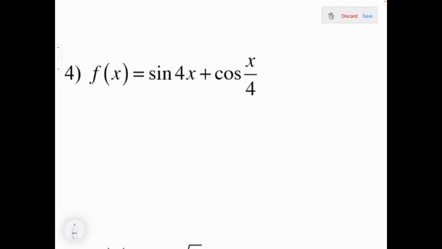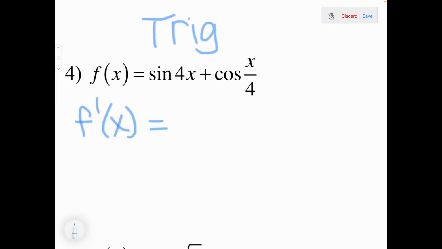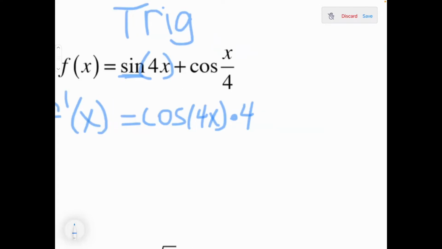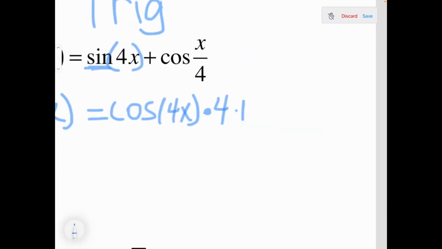Number 4, we got sine 4x plus cosine x over 4. I would consider this trig. I don't see any product or quotient rule or anything like that. So we get f prime of x: we're going to take the derivative of sine first, and leave the 4x alone. So it'd be cosine 4x times the derivative of 4x, which is 4. Plus, we're going to take the derivative of cosine, which would be negative sine.